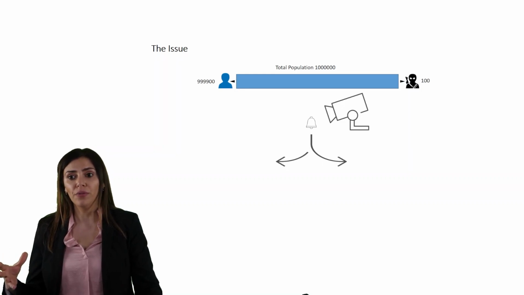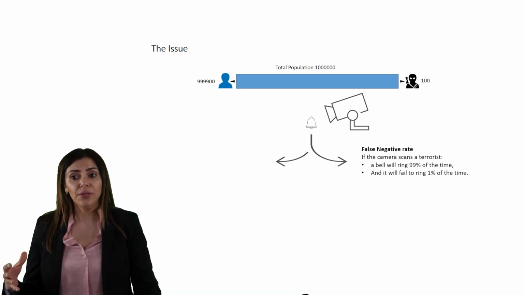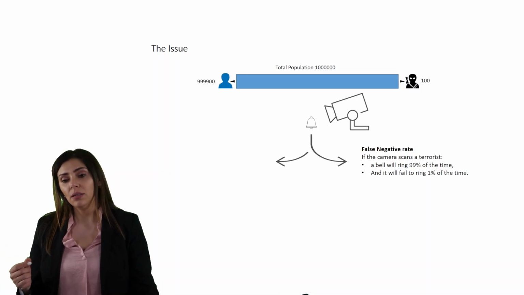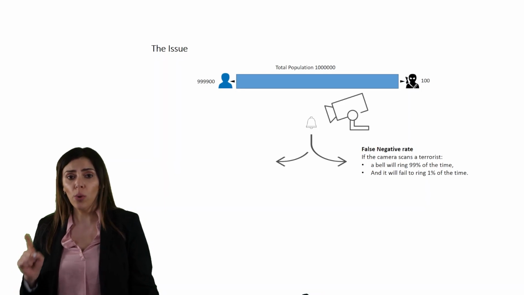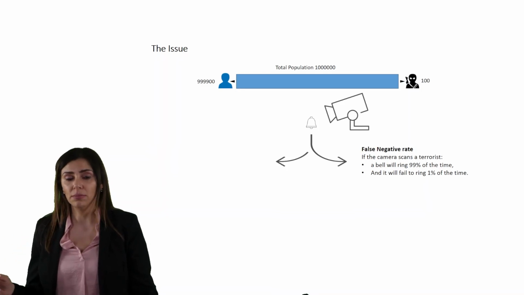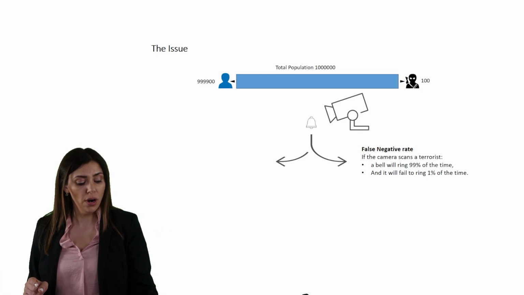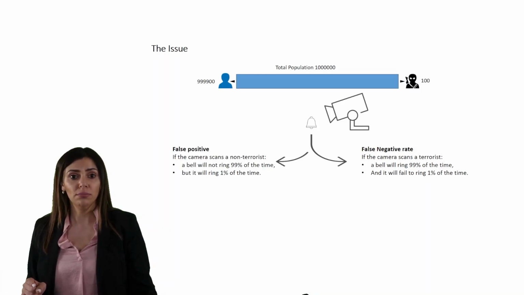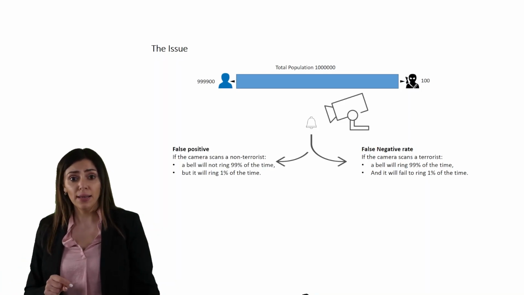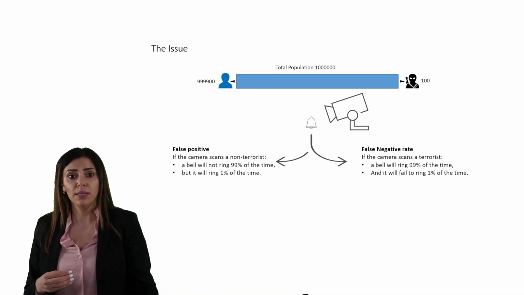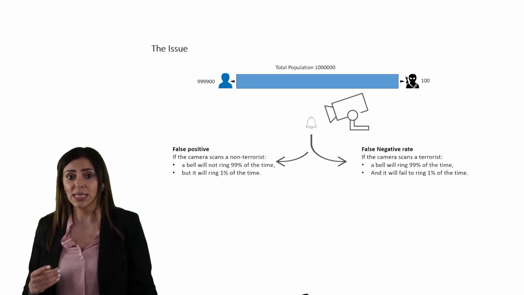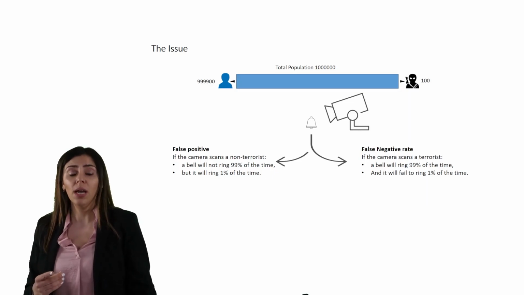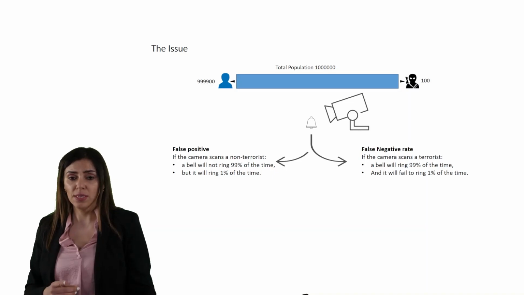The system either is going to ring 99% of the times when it scans a terrorist, or 1% of the time it will fail when it scans the terrorist, or it's going to scan a non-terrorist, and 99% of the times when it scans this person, it won't ring, but in 1% of the situations, it will ring.